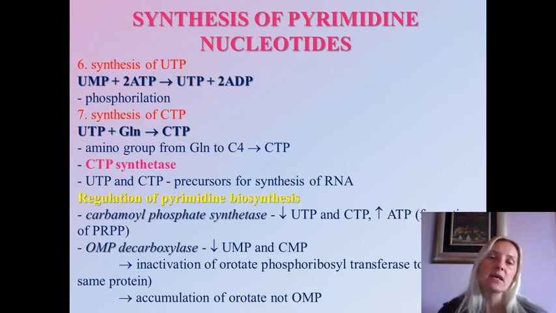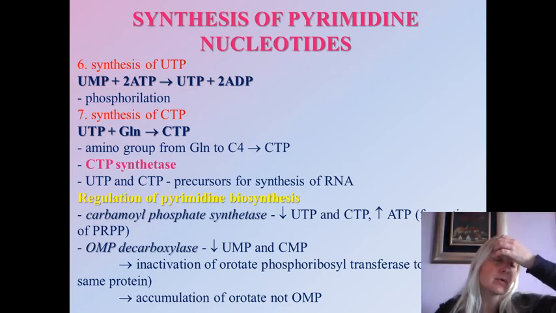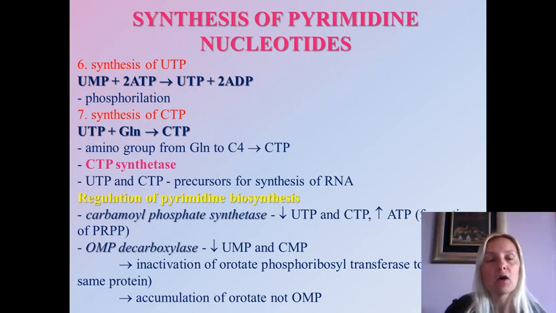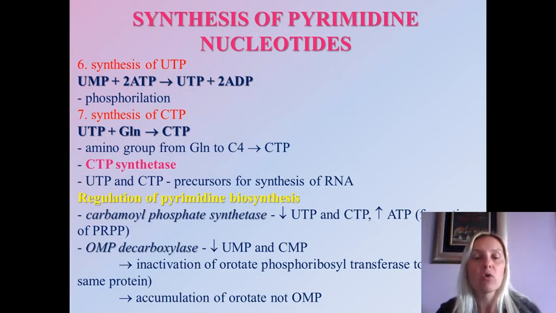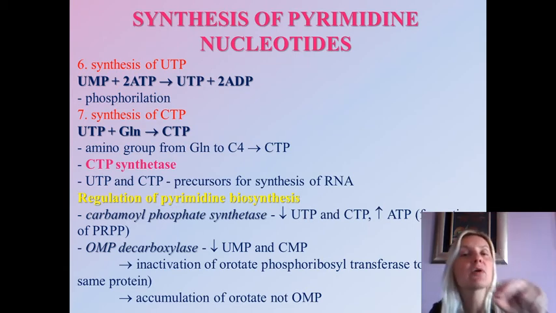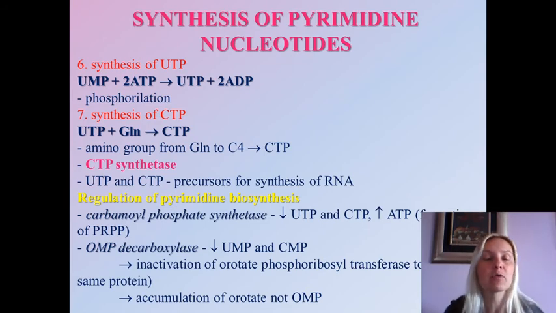And the second point of regulation may be OMP decarboxylase, which is inhibited by both UMP and CMP. But inactivation of OMP decarboxylase causes the inactivation of orotate phosphoribosyl transferase as well, and this enzyme also becomes dysfunctional because, if you remember, they are located on the same protein carrier.